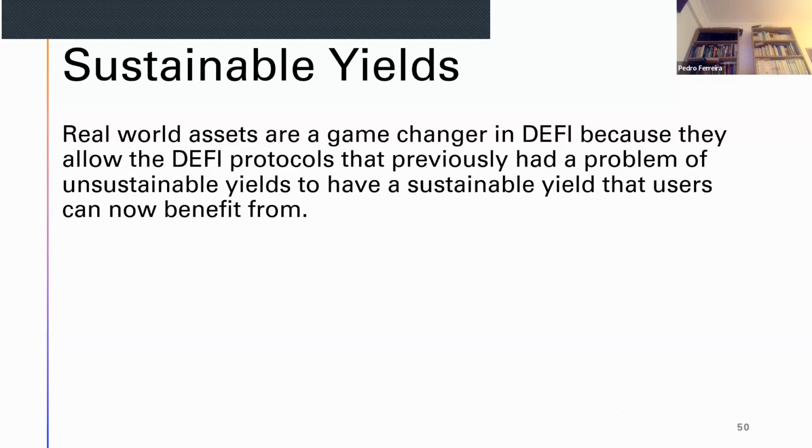Why is this important? It is important for the sustainability of yields in DeFi. One of the problems of DeFi is that it does not have sustainable yields.